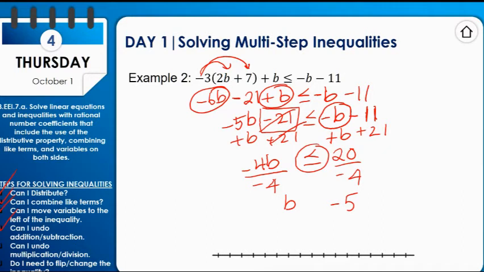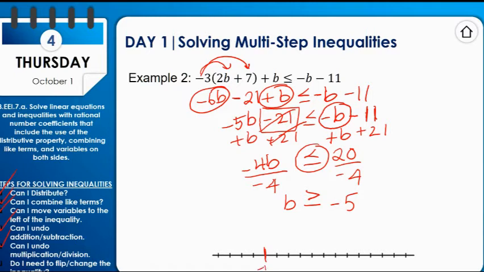So in order to find the values, because I divided by a negative number, ladies and gentlemen, do I need to flip the inequality? Yes. So less than or equal to becomes greater than or equal to -5.